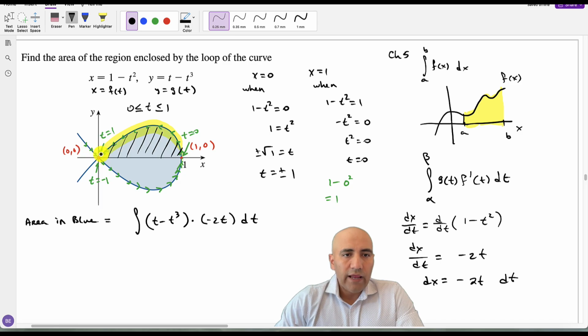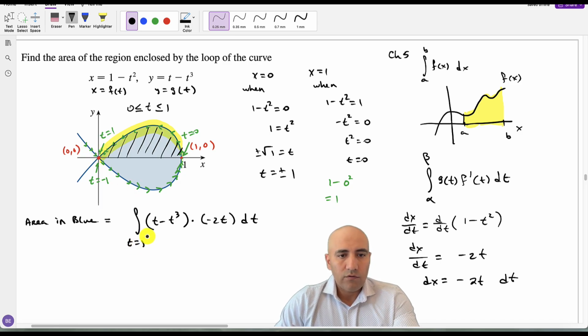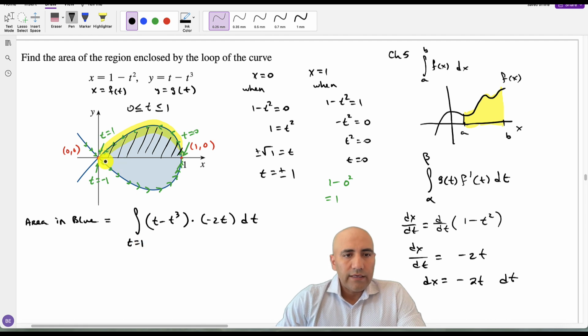So we want to start at 1. t equals 1 is this point right here, and then going this way would go sort of backwards to t equals 0. So t goes from 1 to 0 to trace it out in the regular direction. And then that would only cover the top half, right? So this would be equal to twice that.